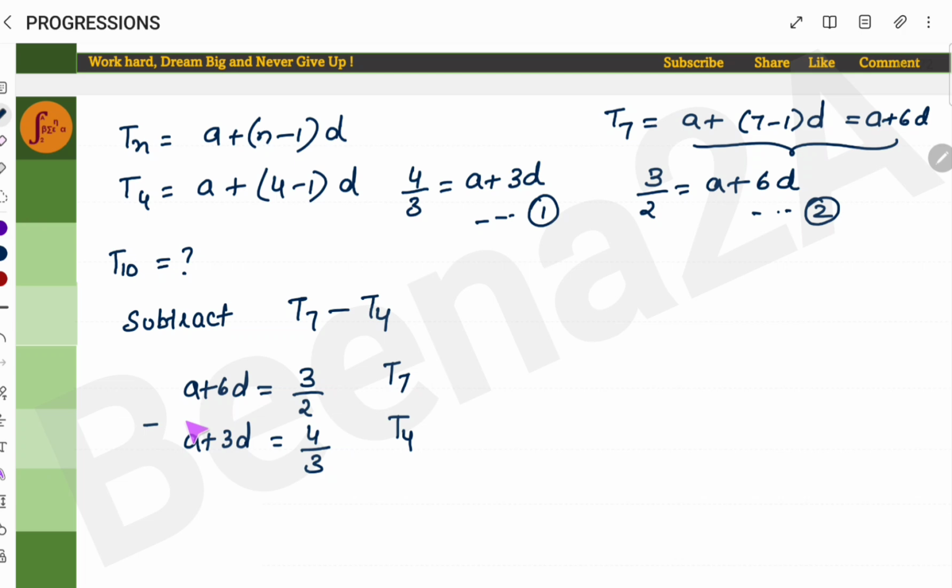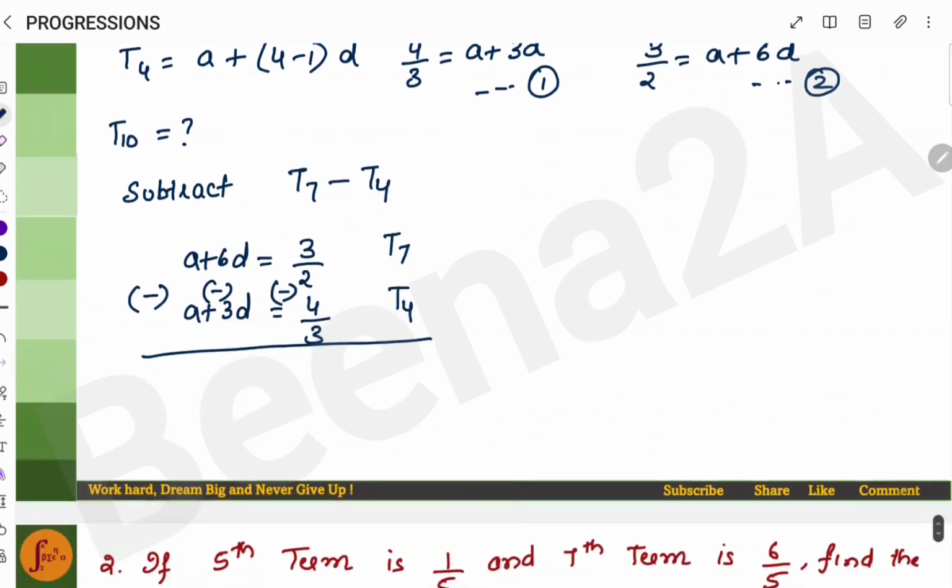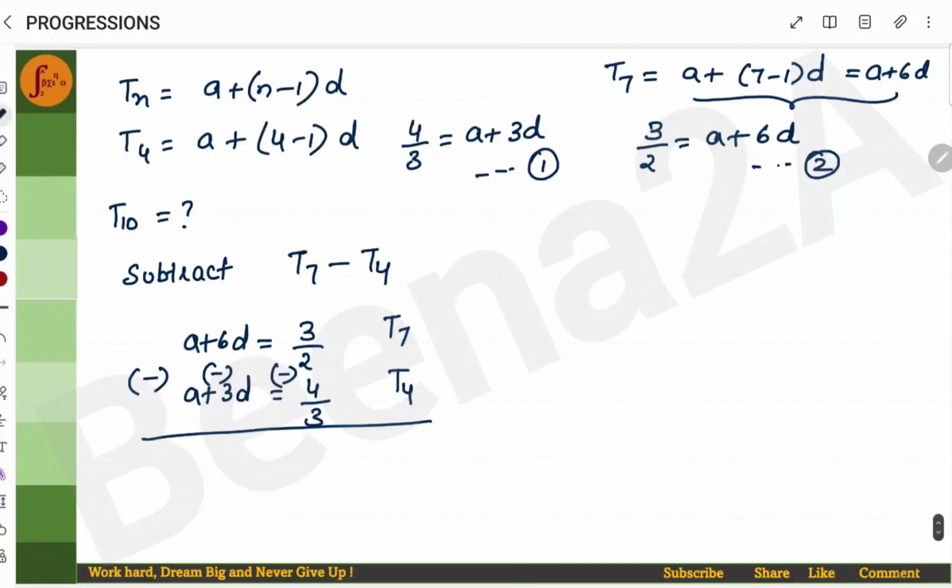Now I'll subtract the whole thing. When I subtract, this a and a will get cancelled. The reason I'm subtracting is so that I can get rid of a. Once I get rid of a, I'll be left only with d. Then I can find the value of d.